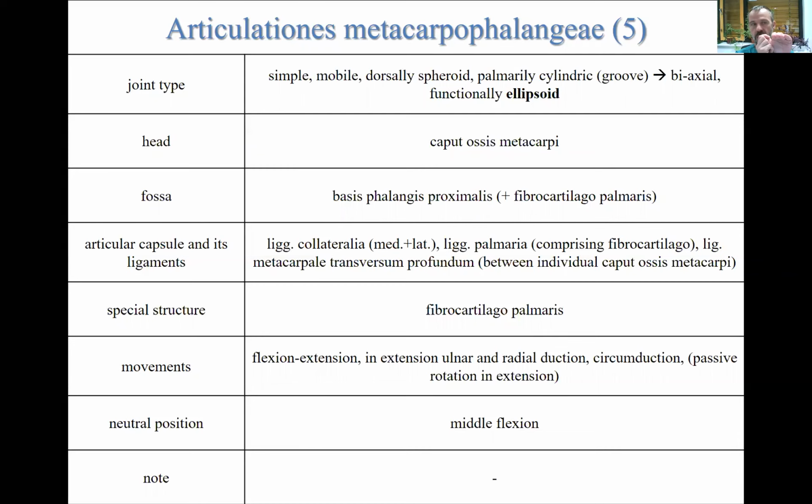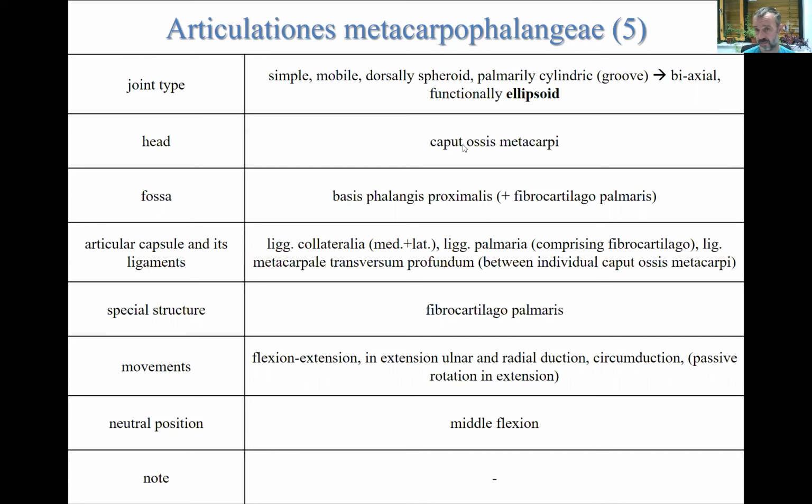In flexion, when the surfaces are at the ventral trochlear monoaxial part, you are not able to perform abduction and adduction. Yeah? That's why this joint is functionally ellipsoid and anatomically a combination of spheroid and trochlear or cylindrical.